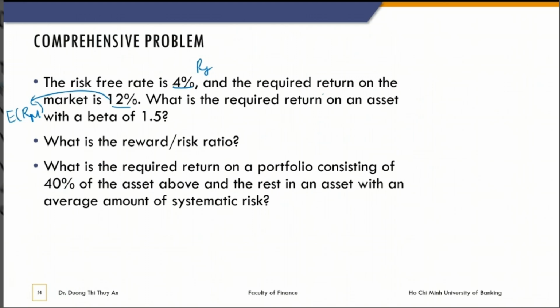But here we have only the return on the market, so that is only the expected return on the market. And this is the beta. So the expected return of asset I is 4% plus, and please come up with the result yourself.